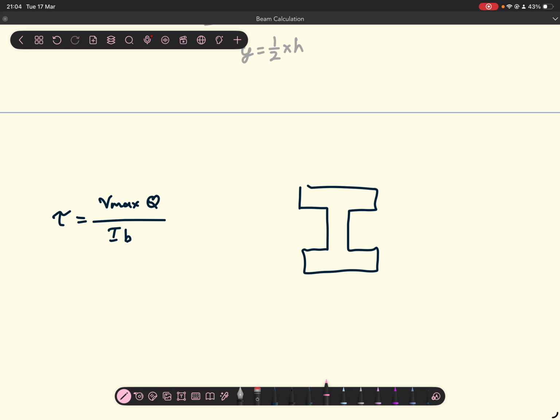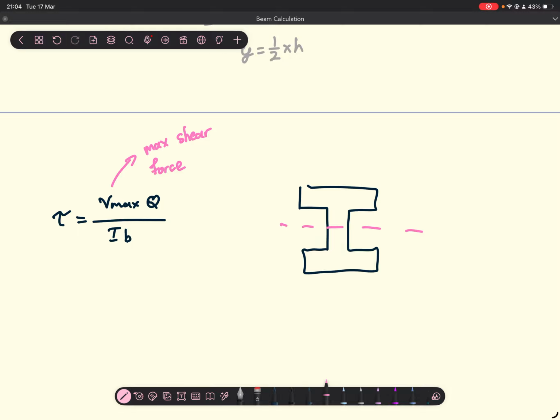So it's always going to be at this location. Okay, and then Vmax is your max shear force. Sorry, I think I said the max shear force is at the centroid. It's the max shear stress that's at the centroid. Cool. So that's your maximum shear stress.